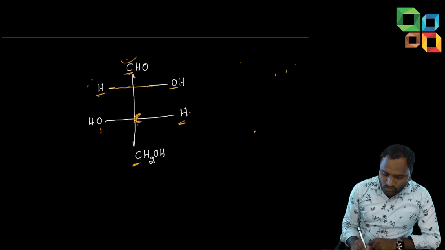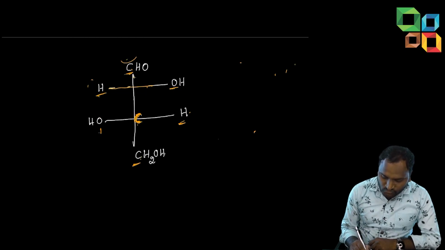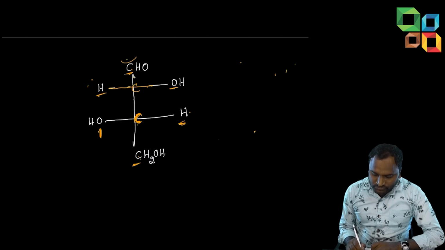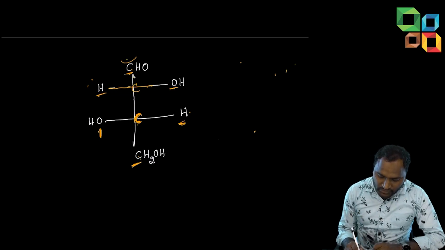Okay? This carbon is connecting with O, H, carbon. So anyway, O will get first priority. Now, this will get second priority, or this carbon will get second priority. We have to decide now.